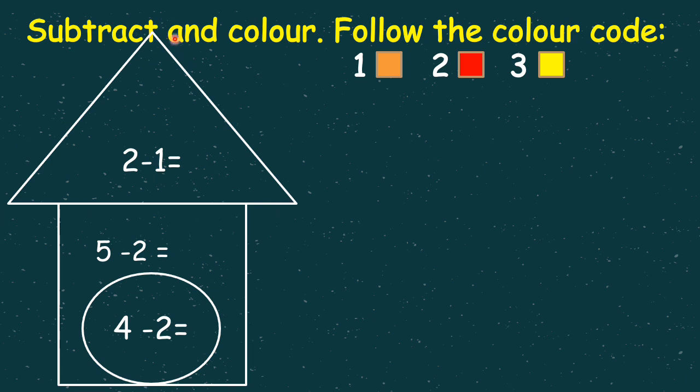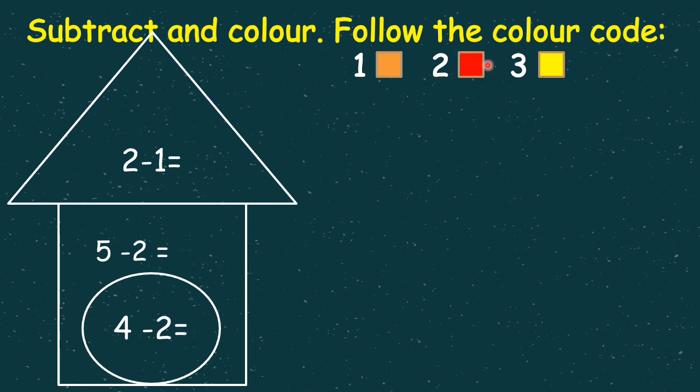We see the shape of a house here, correct? And there is a triangle, a square, and an oval, which are placed in the shape of a house.